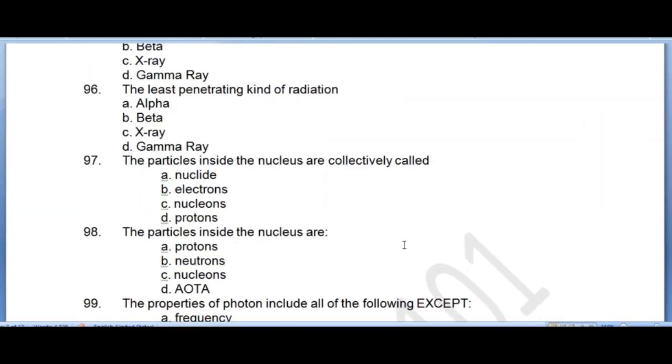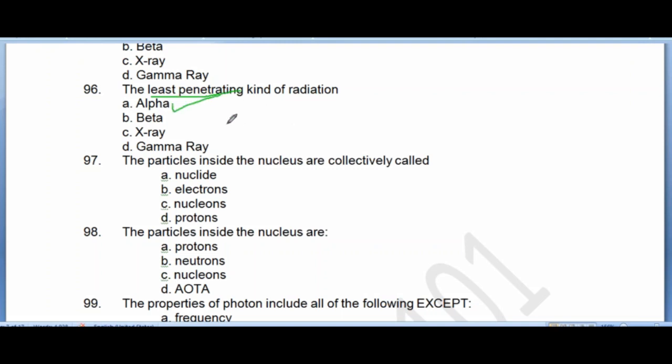Next, 96. The least penetrating kind of radiation. So, least penetrating. Dahil mabigat siya, hindi siya gaanong makakapasok sa katawan natin. Hindi talaga siya makakapasok sa katawan natin unless ingested. So, yung pinakamabigat sa kanila is alpha.